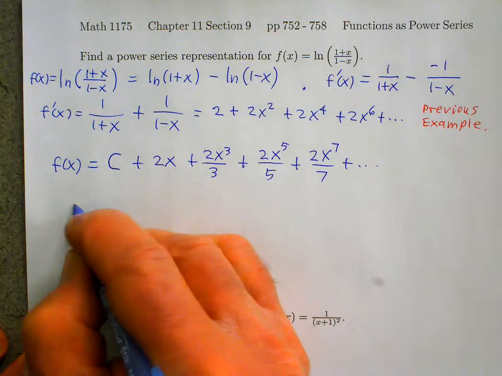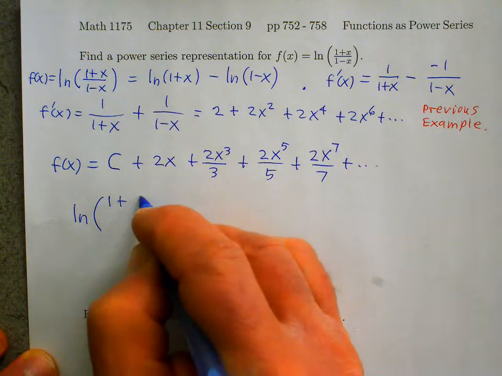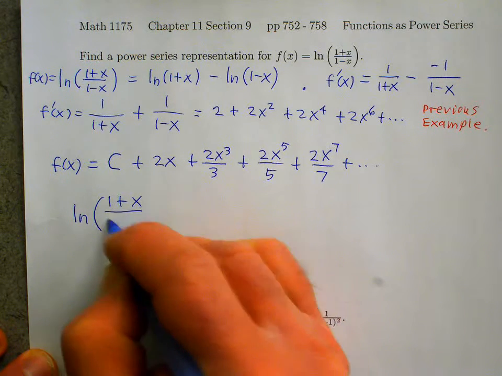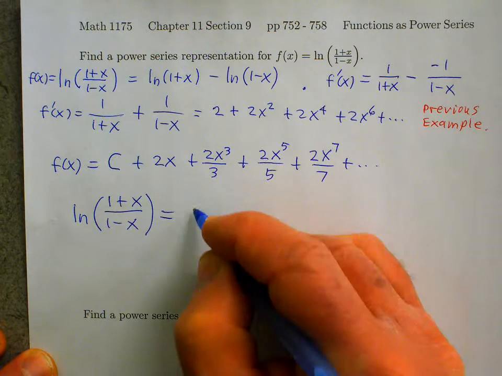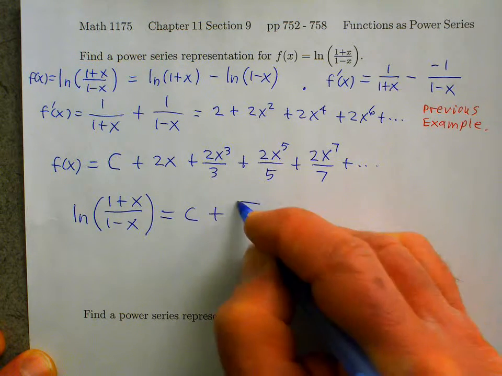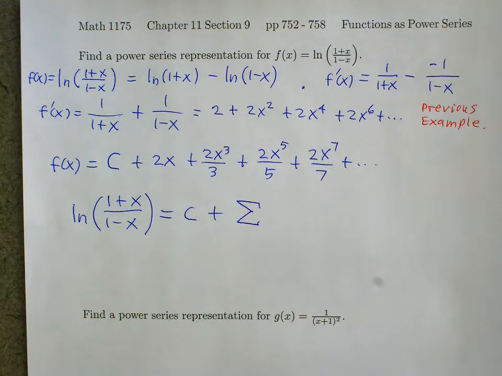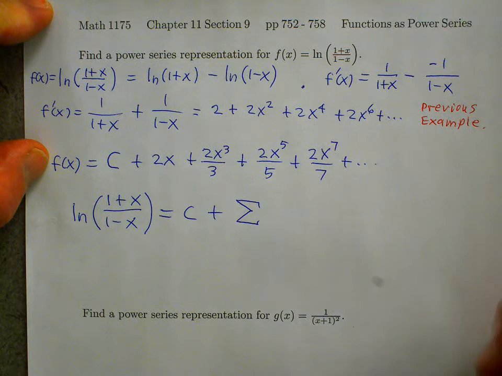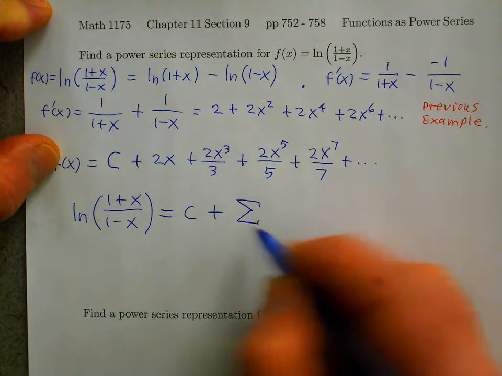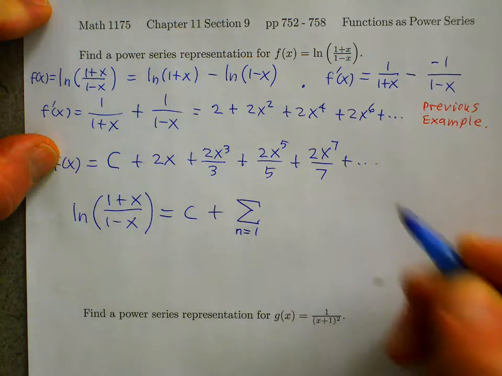Okay, so using the sigma notation for the power series, the natural log of 1 plus x over 1 minus x equals c plus the sum of something. So it looks like we can start n at 1 in this one.